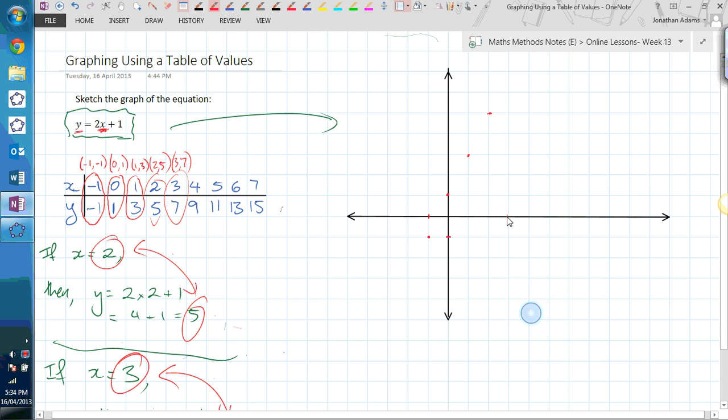So 3 on the x, 7 on the y. I'm actually going to stop there because I haven't got any more space on my number plane. I'm going to fill in some values on my axes, and we'll have a look at what we've got.